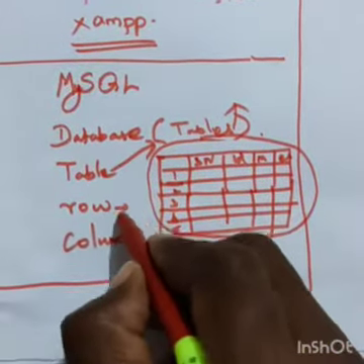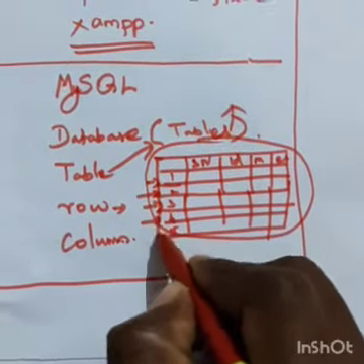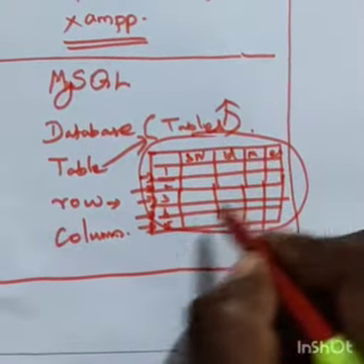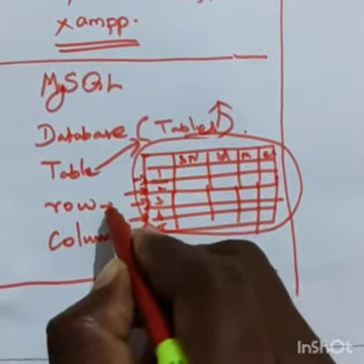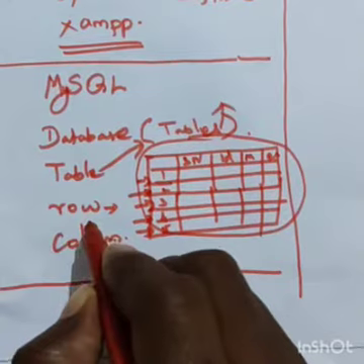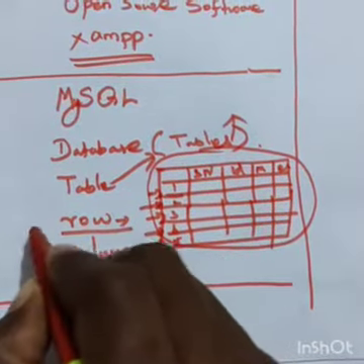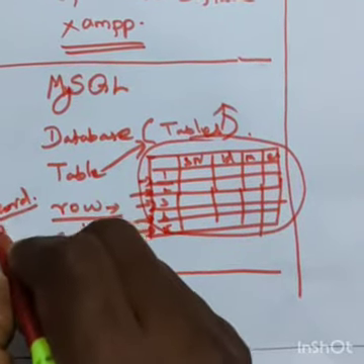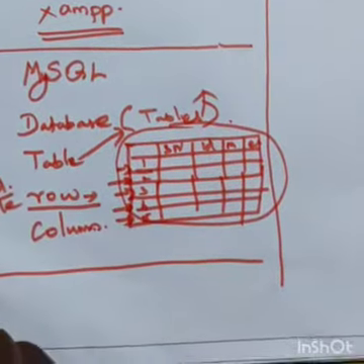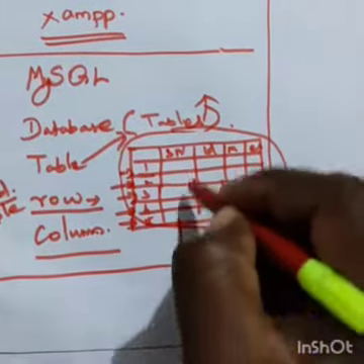Sir, what is a row? The horizontal series of cells is called a row. I told you already, row has many names: records, tuples. Next, what is a column?